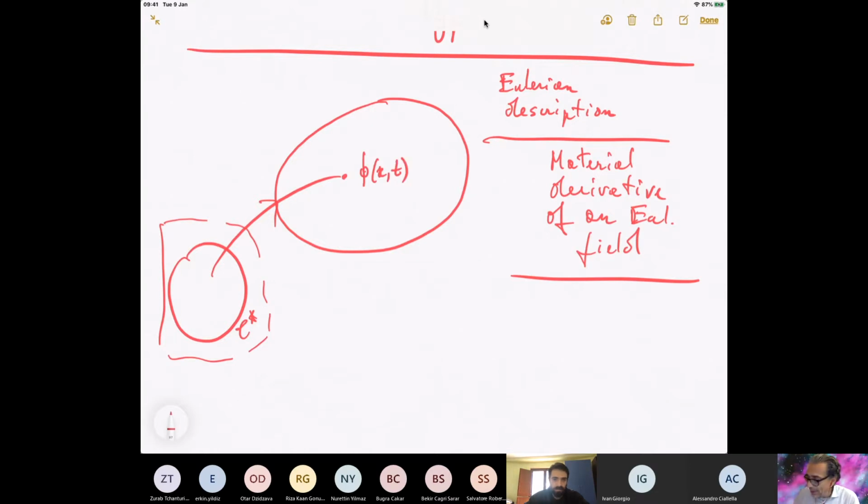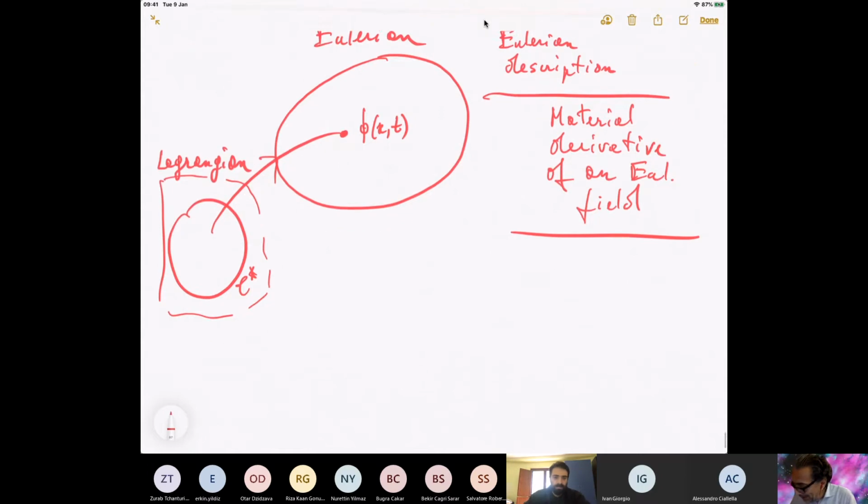So I have in the Eulerian description, this is the Lagrangian description. In the Eulerian description, I have defined a generic field, phi of x and t. I can calculate d phi over dt, small x fixed, and I can calculate d phi over d small x, t fixed.